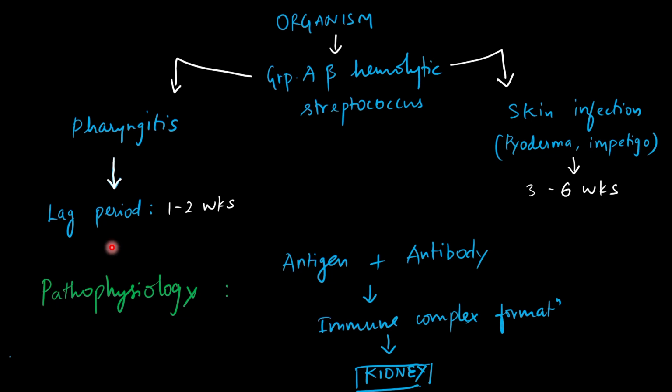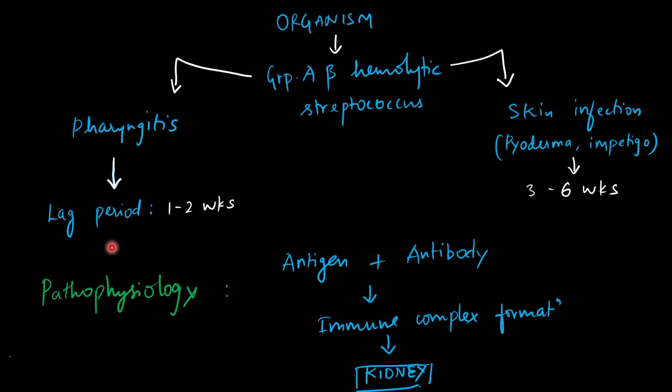So here's the pathophysiology. What happens is after the infection subsided, that is after the pharyngitis or skin infection subsided, the streptococcal antigen and the antibody which is produced against it will combine and form an immune complex. That immune complex will deposit in the kidney and it will cause renal impairment.